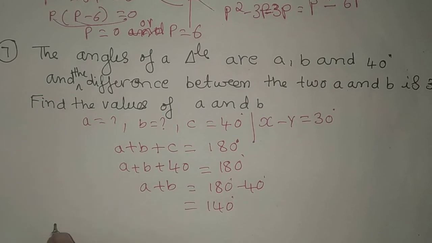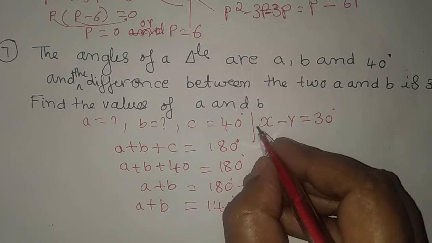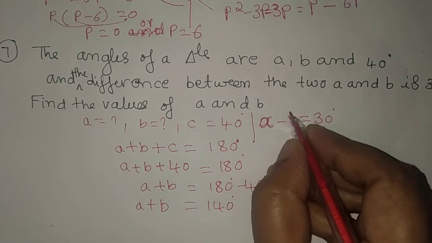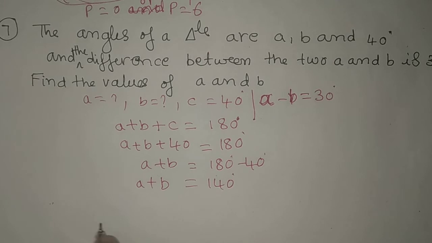Now next step, we got A + B here, so we'll take this one as A - B. Therefore A + B is equal to 140, A - B is equal to how much? 30 degrees.